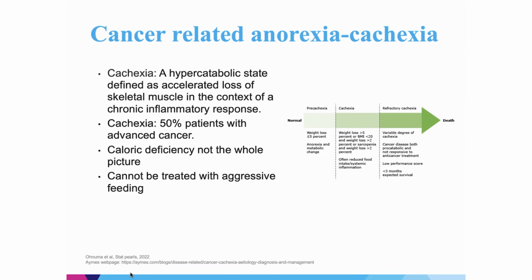It's a little bit more than that because you also have this hypercatabolic state. So even if you had a patient who has cancer-related cachexia and you give them all the calories they need, often it's still not going to mean they're going to put on muscle mass because of this syndrome that they have, where they have this hypercatabolic state and chronic inflammatory syndrome.